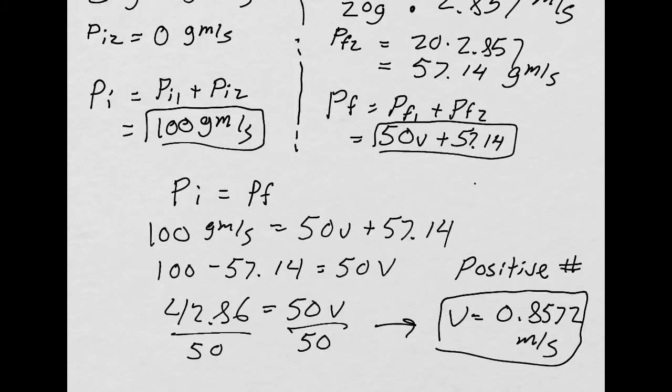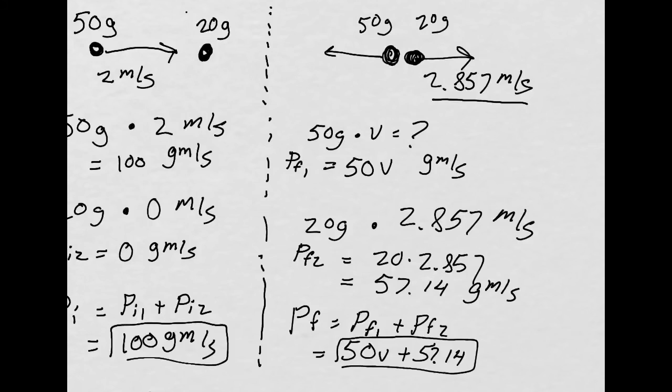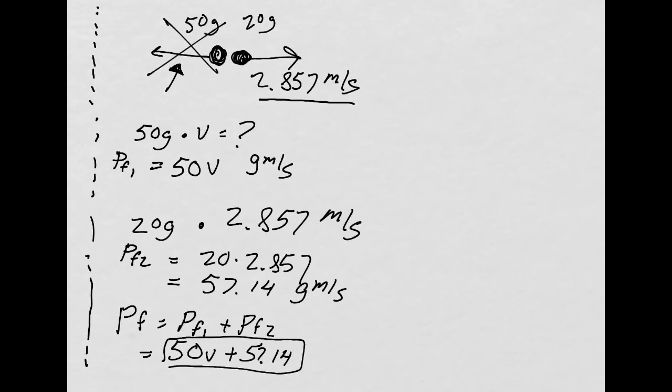Note, this is a positive number, which means if we go back to our diagram, this guy is drawn incorrectly because we have it going in the negative direction. What our final diagram actually looks like is this guy has a small velocity and this guy has a bigger velocity.